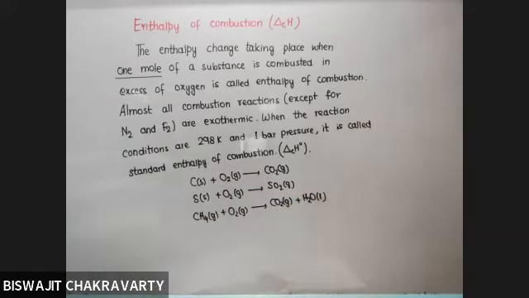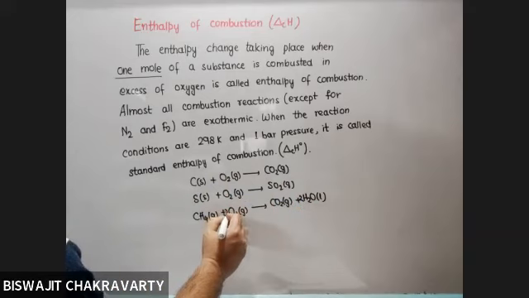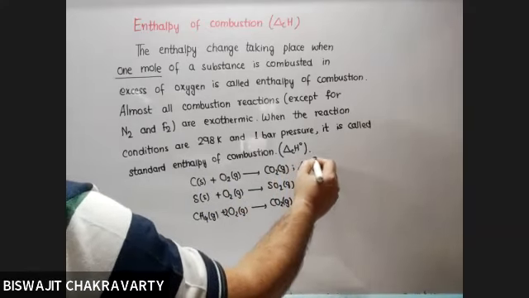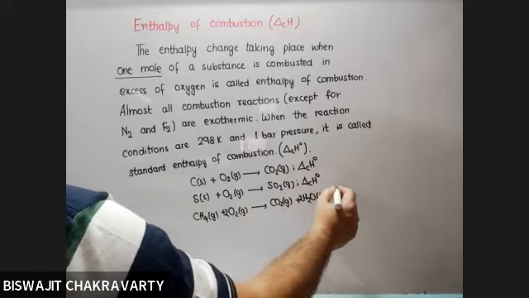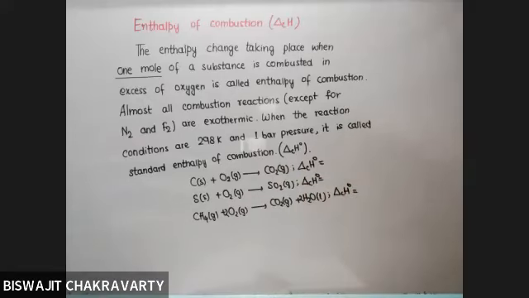So combustion means reacting with oxygen, and you should be capable of writing the equations yourself, but don't forget to balance the equation, because you need not memorize the values. I'm simply writing delta CH degree, whatever values come out. These will be called standard enthalpies of combustion if the reaction conditions maintained are 298 Kelvin and 1 bar pressure.